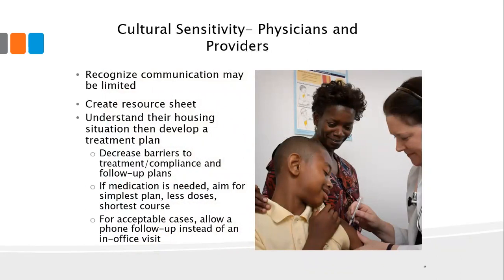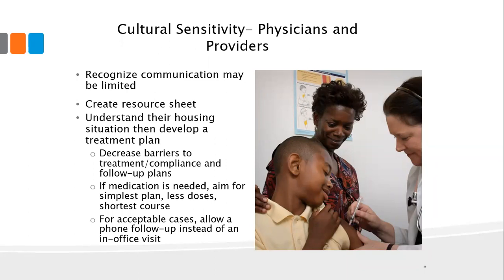And we have to recognize that communication may be limited. So if we can get consent to leave a detailed message on the provided phone numbers, that would be great. And to also have a resource sheet, because if you already have a compiled list, then that can save time and it can also help them.